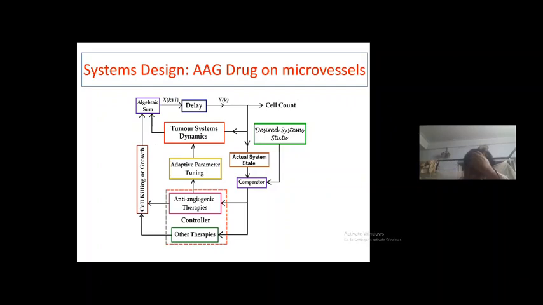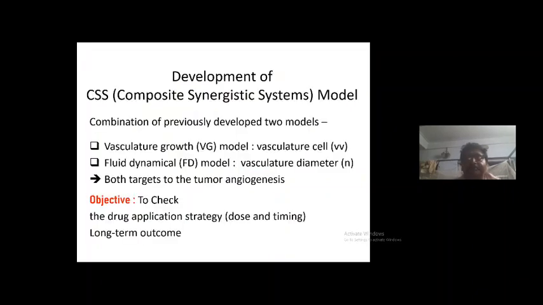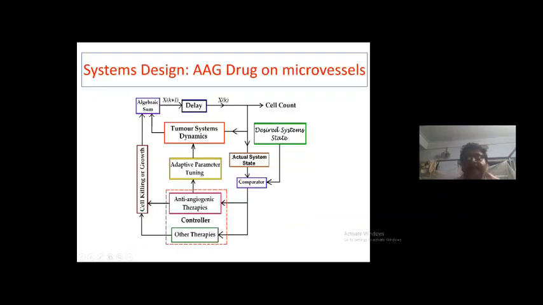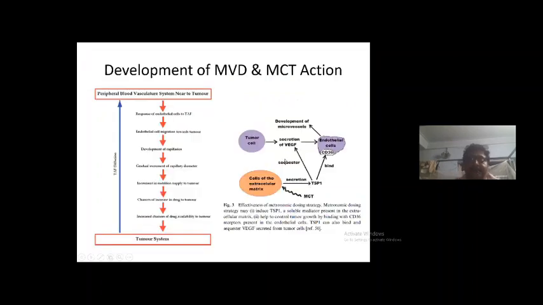Another drug has also been suggested for the last 1.5 decades, mostly antibody-based drugs. The previous model was developed with the VG model, with the anti-angiogenic drug. Next is the fluid dynamical model, based on the MCT strategy and MTD strategy.